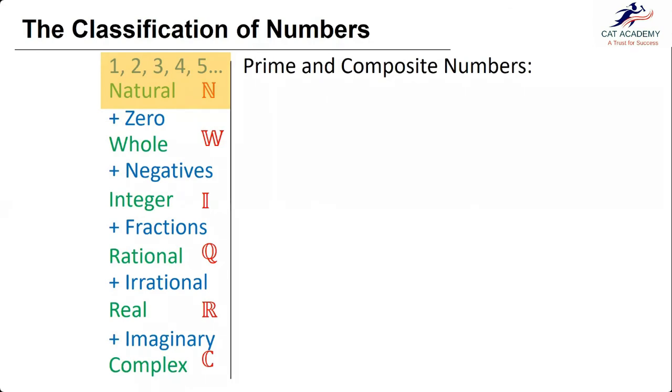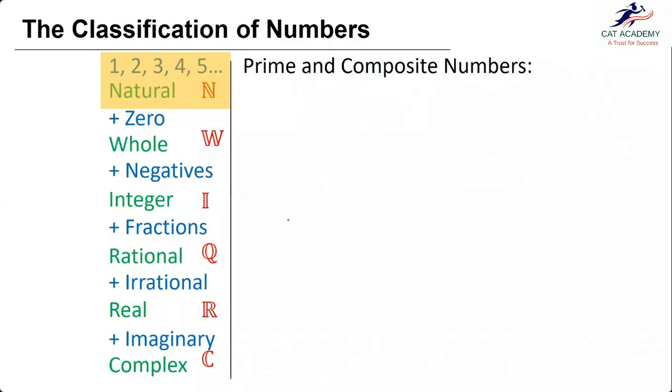Which number do I call a prime number? A number which is divisible by only one and itself. That's it. Correct? So that number is called a prime number, and a number which is divisible by at least one more number other than one and itself will be called composite.